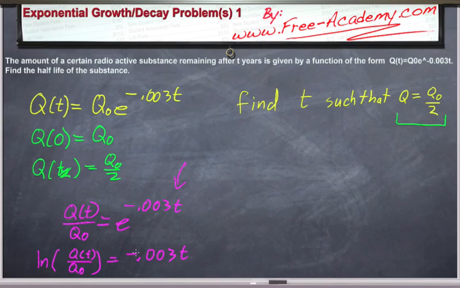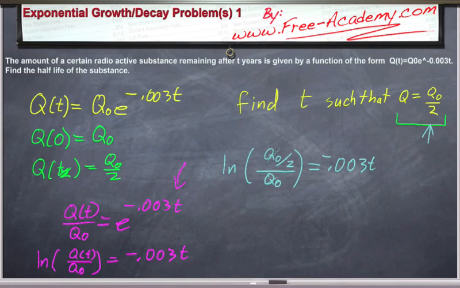That's all fine and dandy, but where do we go from there? Well, we're going to use the formula for the half-life. We're going to find t such that q of t is equal to q naught over 2. So we can plug that into our equation to get the natural log of q naught divided by 2, all divided by q naught, is equal to negative 0.003 t.